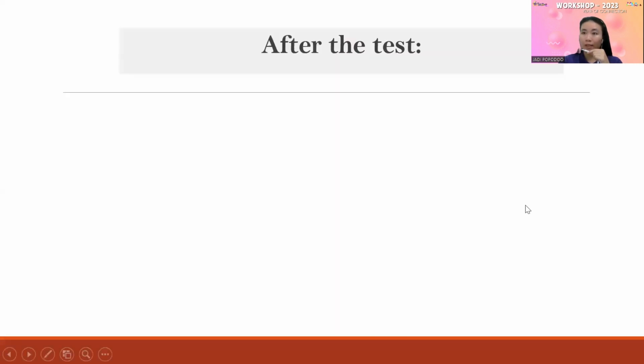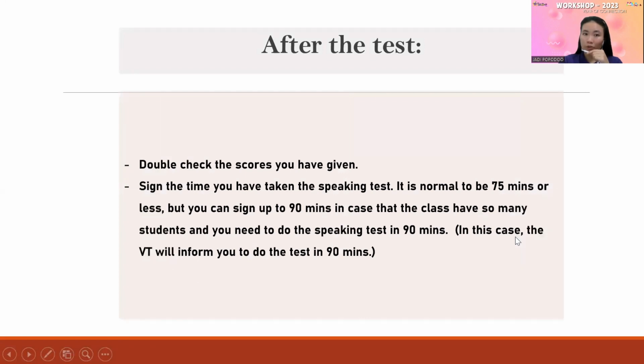So how about after the test? When you finish the test, you have to double check the score that you have given, and then you sign the time you have taken for the speaking test. It's normal to have 75 minutes in a normal class for a test, so it's normal for you to sign 75 minutes.